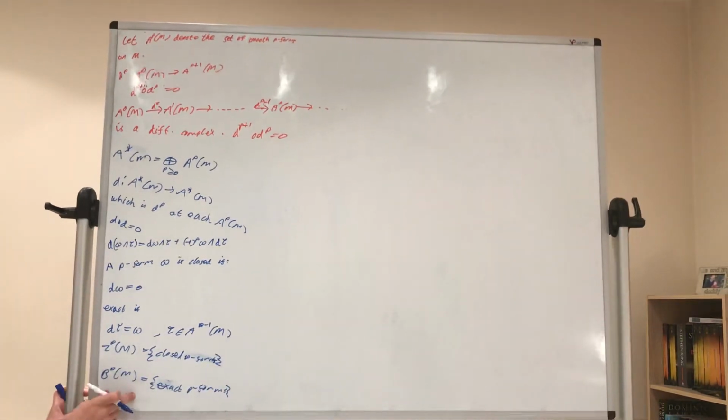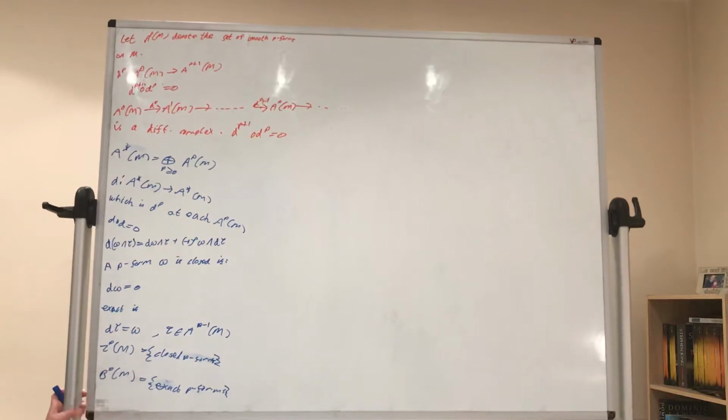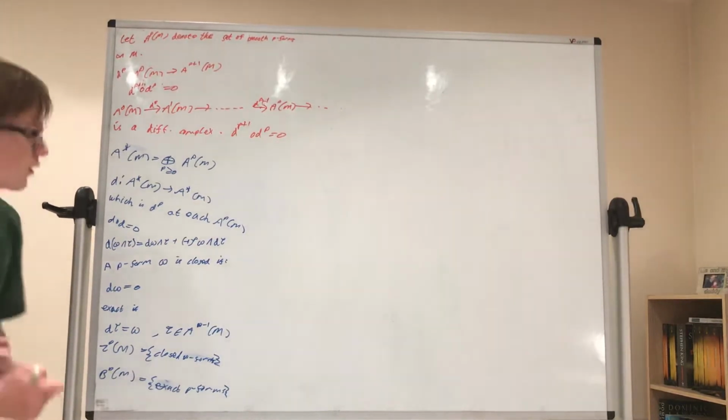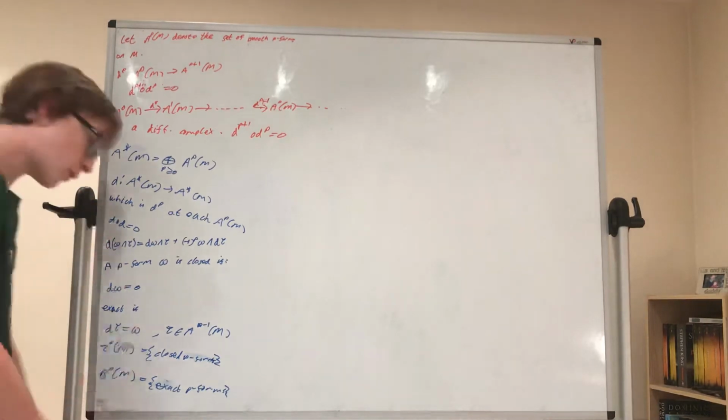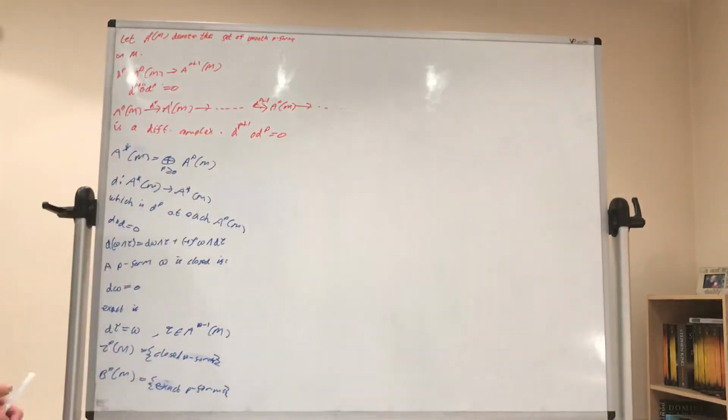And this is obviously a subspace of this because d composed with d is just 0. Now that we have this out of the way, we're ready to define the de Rham cohomology.